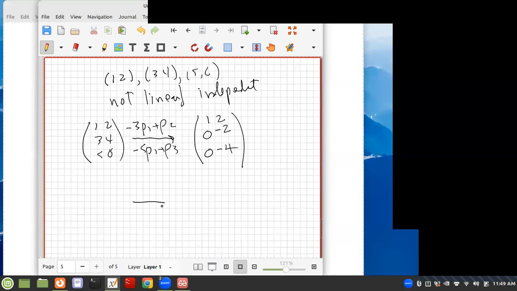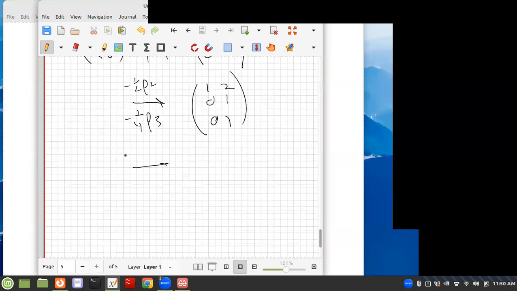Then I can make it clear by multiplying row 2 by -1/2 and row 3 by -1/4. That gives me the matrix 1, 2, 0, 1, 0, 1. And then minus row 2 plus row 3. This is 1, 2, 0, 1, 0, 0.